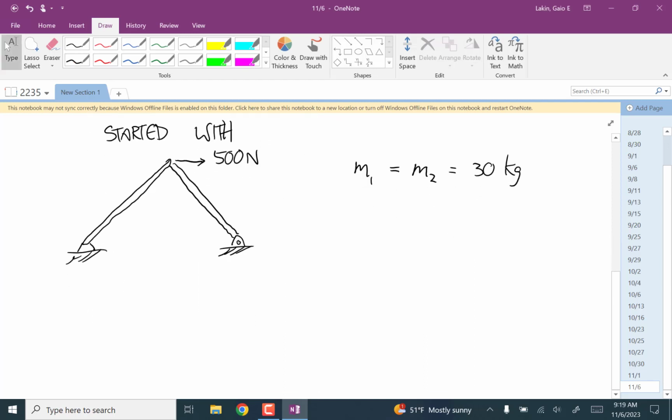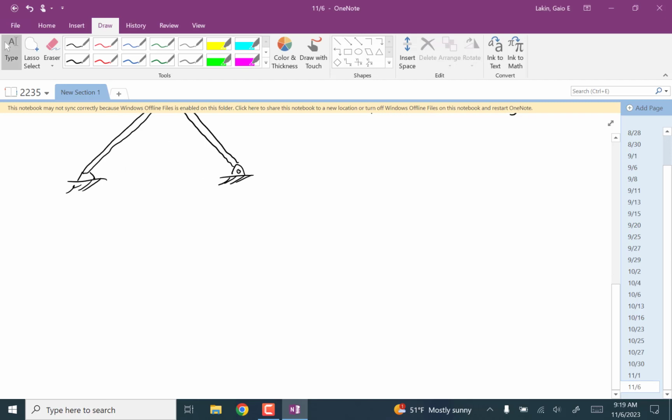And so you calculate the external loads. Then once you have all the external loads, you have something like this, where you have a downward distributed load.